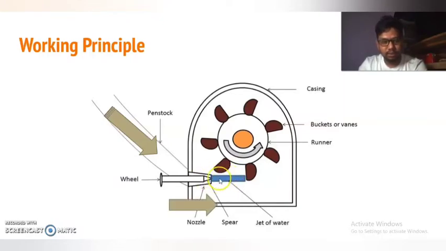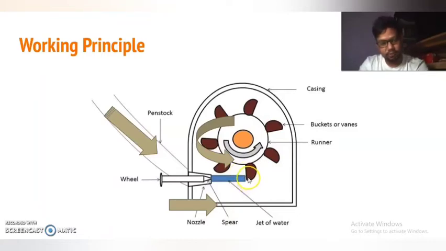The water jet strikes the buckets or vanes. The water hits the vane with constant velocity, so the movement of the vane will be the same because the water hits the vane with the same flow rate.